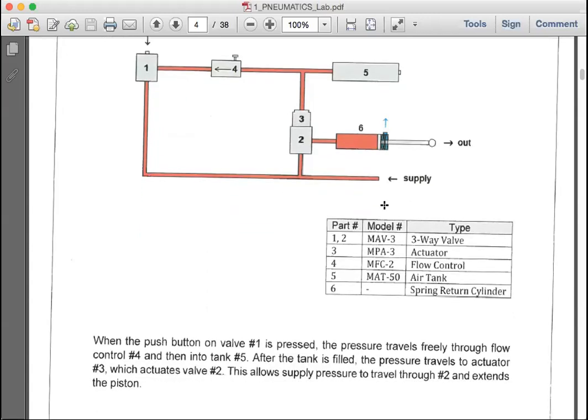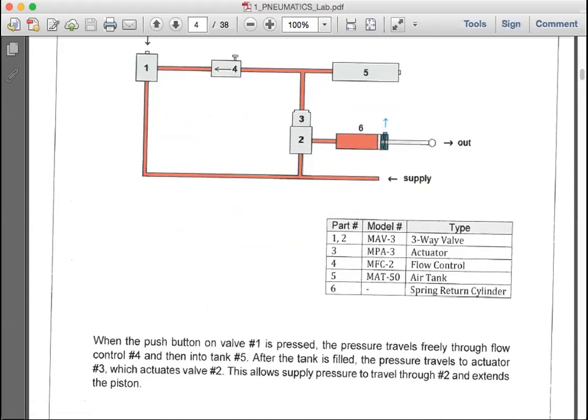So if you read the short analysis, when the push button number 1 is pressed, pressure travels freely through flow control. So you see it indicates that it travels freely through the flow control, so it's not controlled, and then into tank number 5. After the tank is filled, the pressure travels to actuator number 3 and activates number 2.